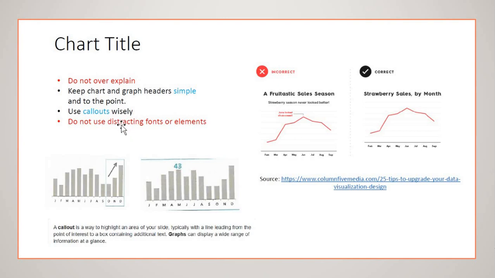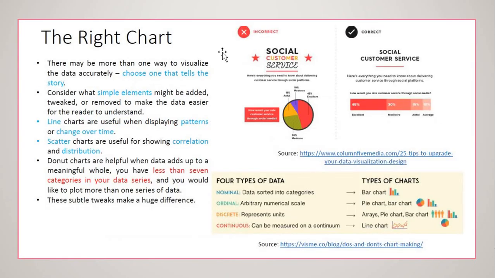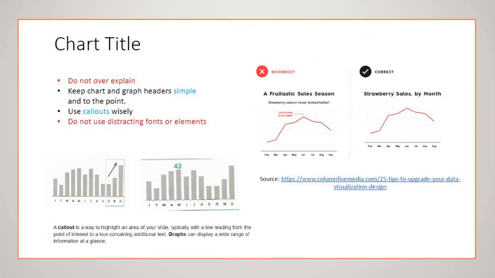Use callouts wisely. Do not use distracting font or element. Macam yang tadi kan. Okay, ada gambar bintang warna-warni tak sesuai. Okay, just put it straight to the point. Okay, you can use macam anak panah macam ni. Okay, to highlight use numbers to highlight the bar ataupun the month that you are going to emphasize.